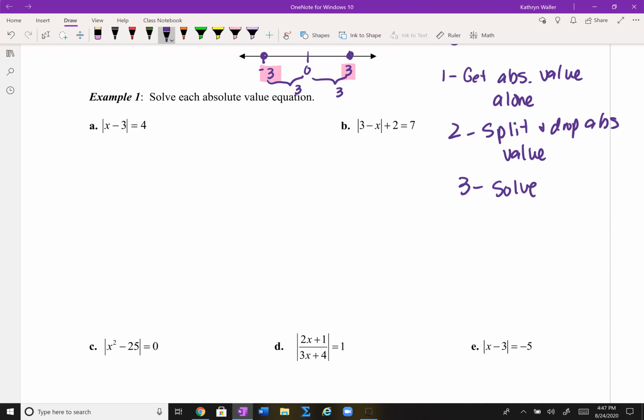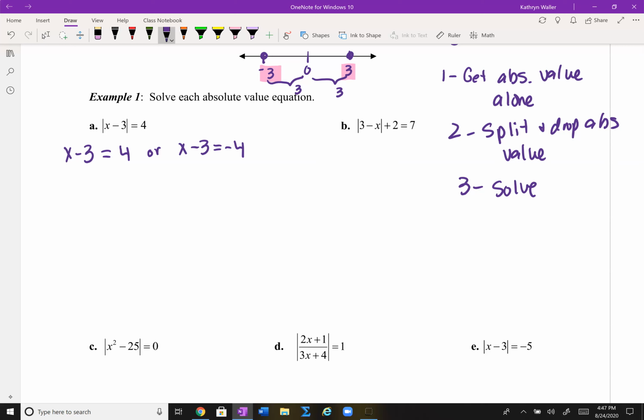So step number 2, you're going to split it. Look, if you didn't think about the x minus 3, what could go inside of there to make it true? Well, it would be 4 or negative 4. So whatever's inside of there, x minus 3, could be 4, or x minus 3 could be negative 4.